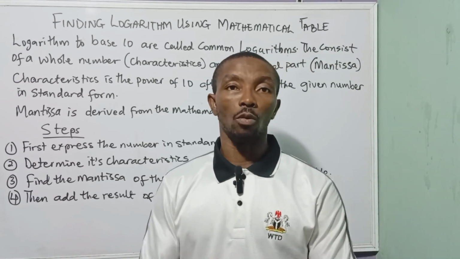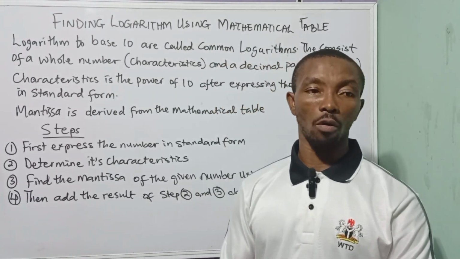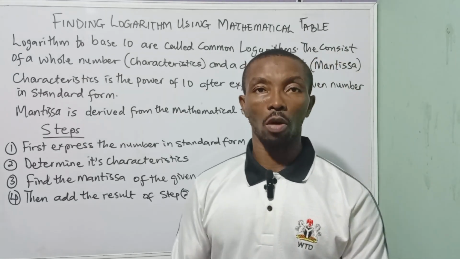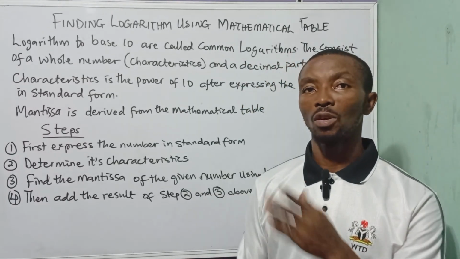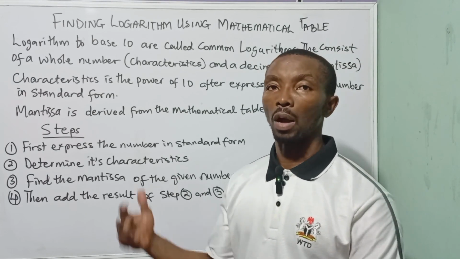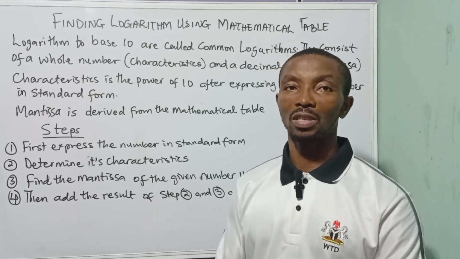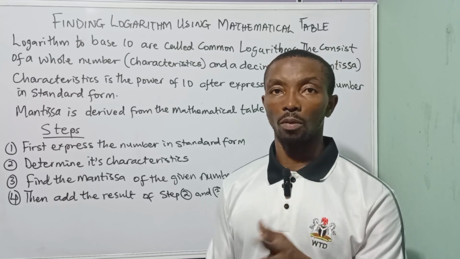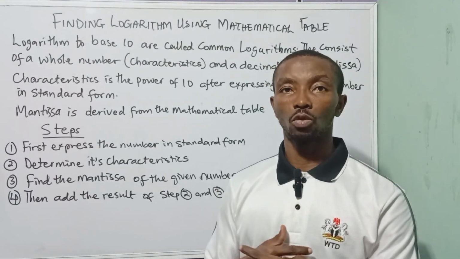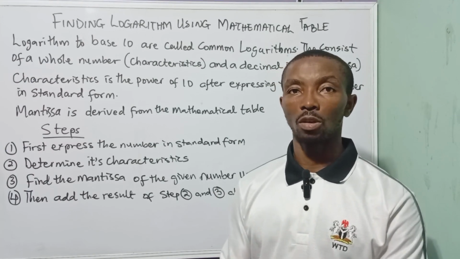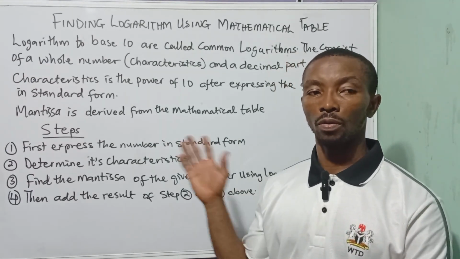And finally, we'll find the antilog of that number. Stick with us as we go right into examples. And if you haven't seen our videos on logarithm, do well to check the playlist for detailed videos on logarithm.